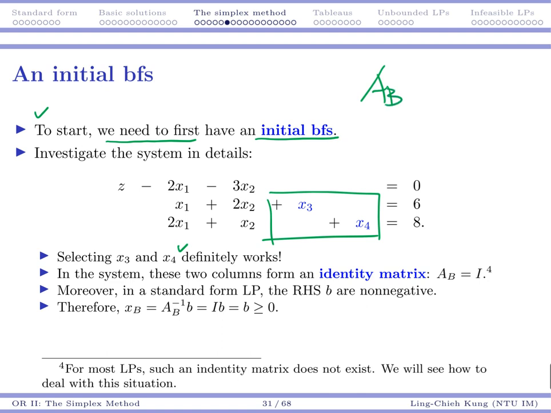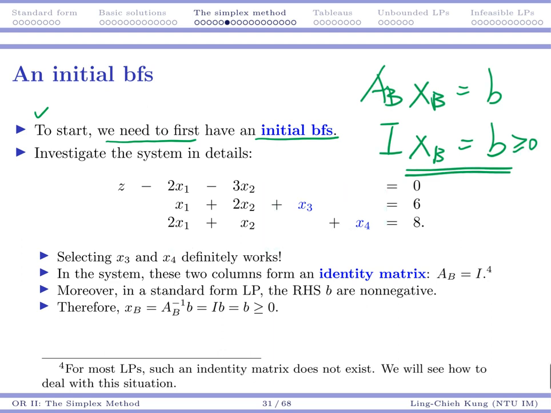So when we want to solve A_B x_B equals small b, that just means I x_B equals small b. And then x_B equals small b. And also, you know small b is non-negative according to the definition for standard form. So that's why your x_B is also non-negative and is a basic feasible solution. It's not the case that you always have an identity matrix here for free.